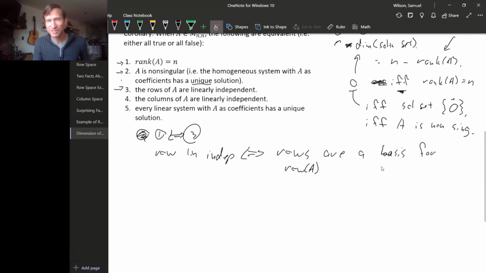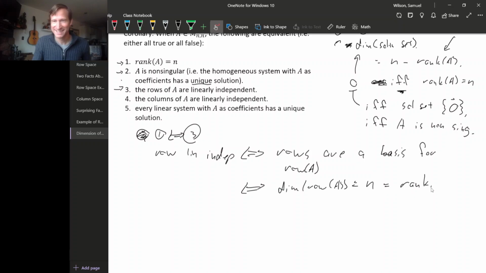So the rows of a matrix are a basis for the row space if and only if the dimension of the row space is n. And remember, the dimension of the row space is the rank. So now we see the rows are linearly independent if and only if the rank is n. All right.